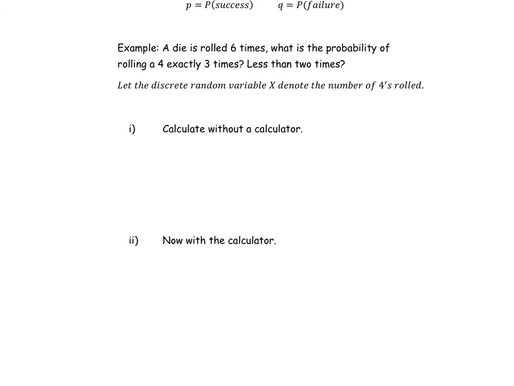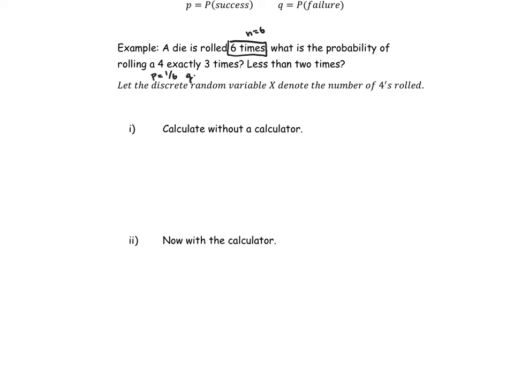Okay, a die is rolled 6 times. Okay, that right there tells me that n equals 6. What is the probability of rolling a 4? Okay, so the probability of rolling a 4 is going to be, of course, 1/6. So p is 1/6.